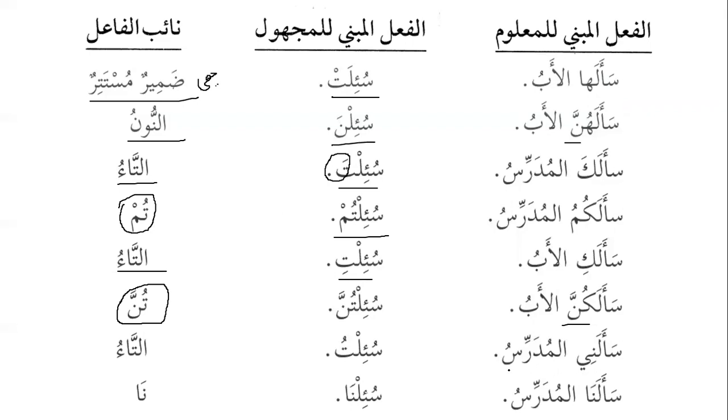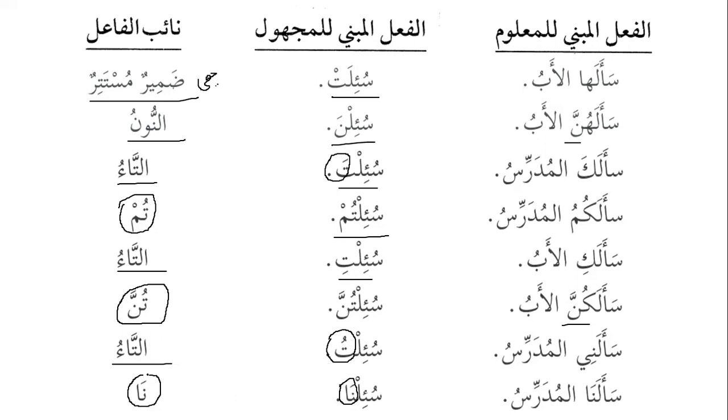Sa'alani al-mudarrisu, the teacher asked me, and su'iltu, I was asked, and ta is naibul fa'il. And sa'alana al-mudarrisu, the teacher asked us, and su'ilna, we were asked, and na is naibul fa'il, as we can see here.